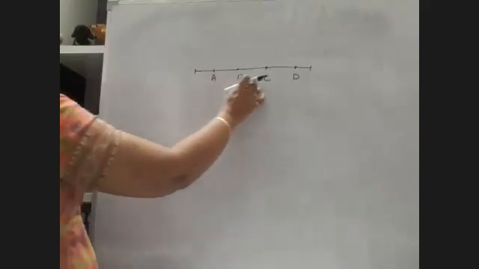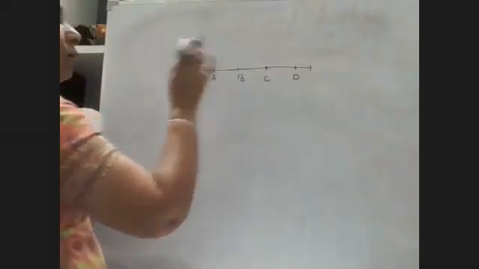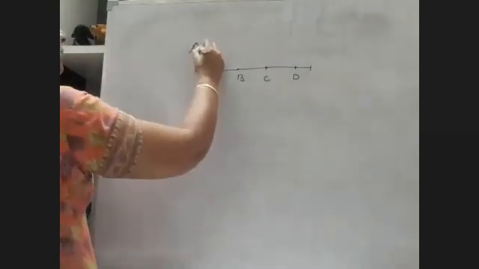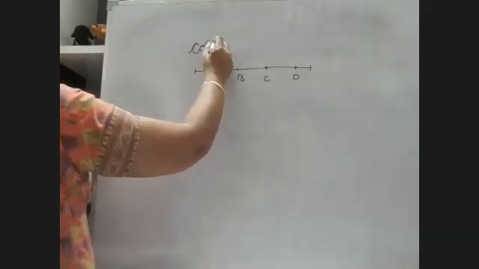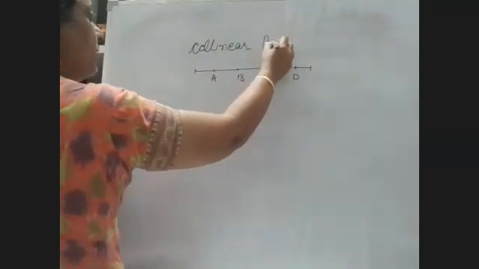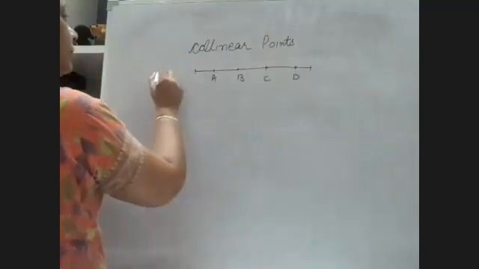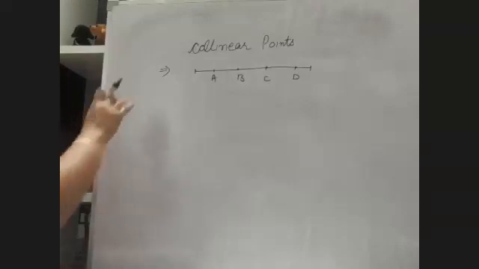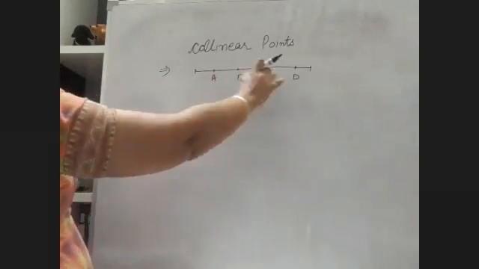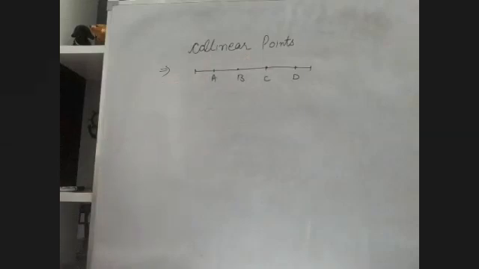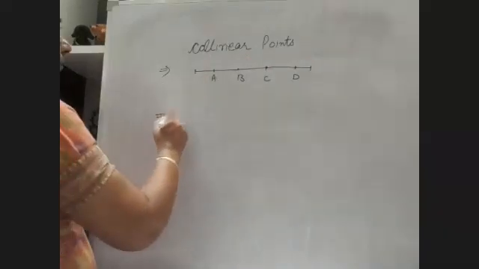So A, B, C, D are collinear points. If 3 or more than 3 points lie on the same line, then these points are known as collinear points. Now, what are non-collinear points?